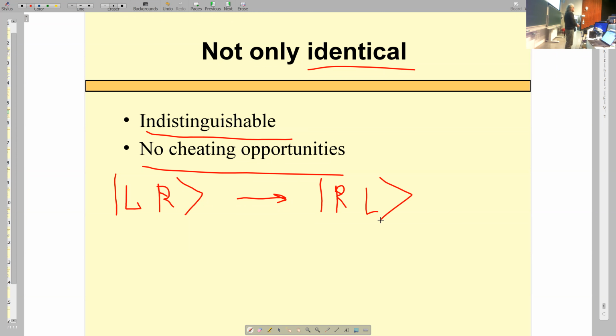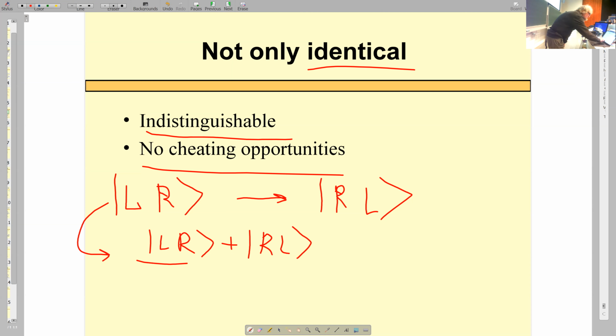So how to make the situation such as to eliminate the cheating? One could say that the only wave function which can occur is a symmetric superposition of these two. For the symmetric superposition, I have to divide it by the square root of 2.